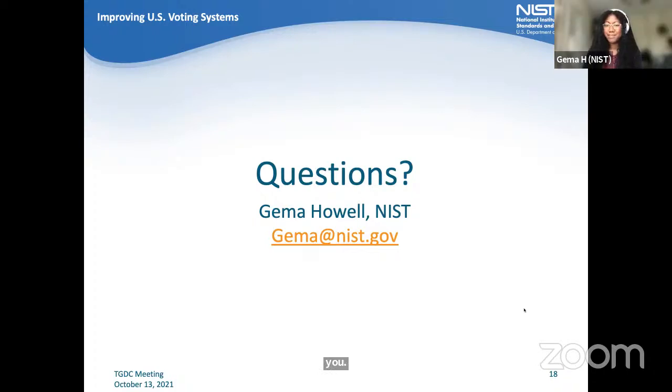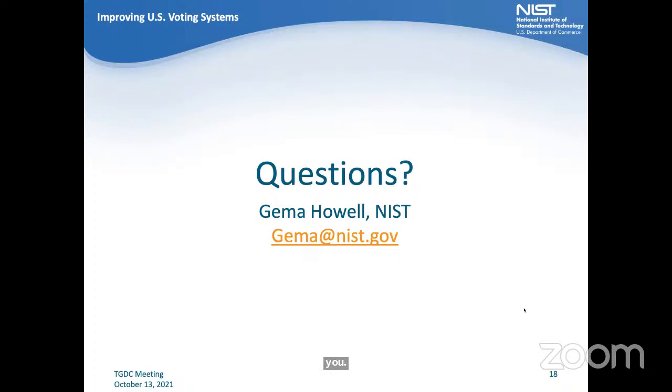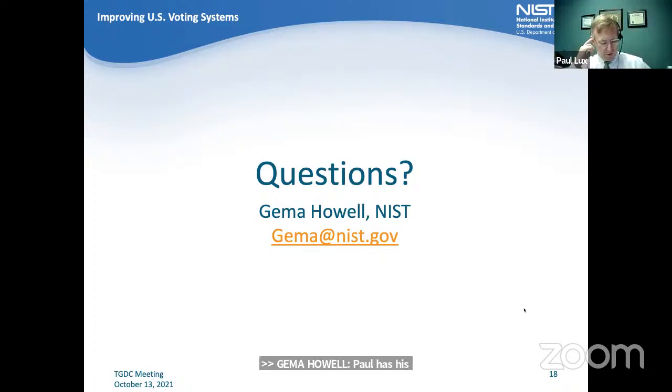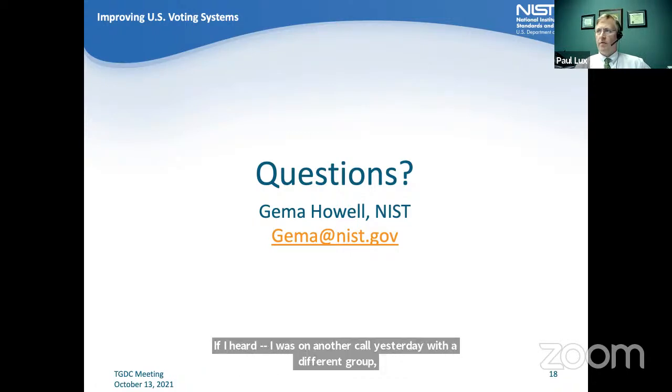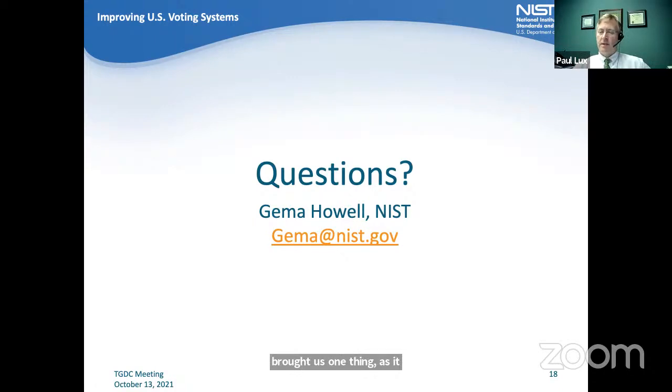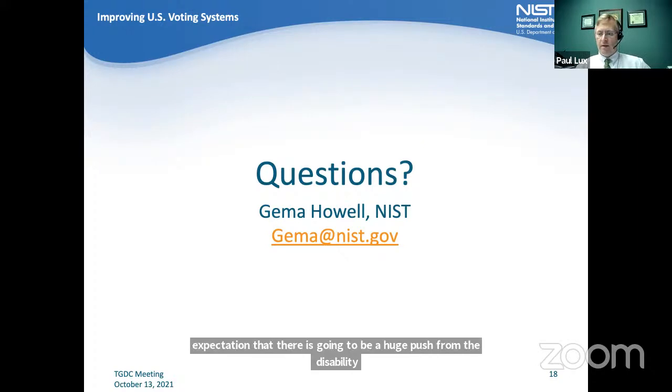Paul has his hand up. And I just want to concur with Bob. I was on another call yesterday with a different group, and if I understood what I heard correctly, a federal judge in North Carolina has already ordered this. If COVID brought us one thing as it relates to voting by mail, it was an expectation that there is going to be a huge push from the disability community for equal access that is accessible to them.